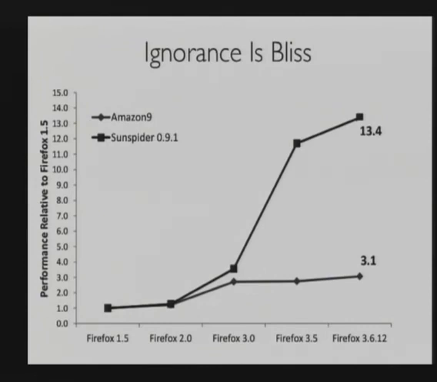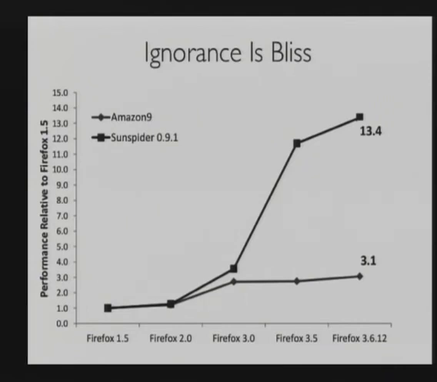We looked at different versions, and we looked at the performance improvement on standardized benchmark suites. The line on top of the graph is the SunSpider standardized benchmark, and the last dot shows that between Firefox 1.5 and 3.6, there was a 13-fold speed improvement. So Firefox 3.6 is 13 times faster than 1.5 on SunSpider.